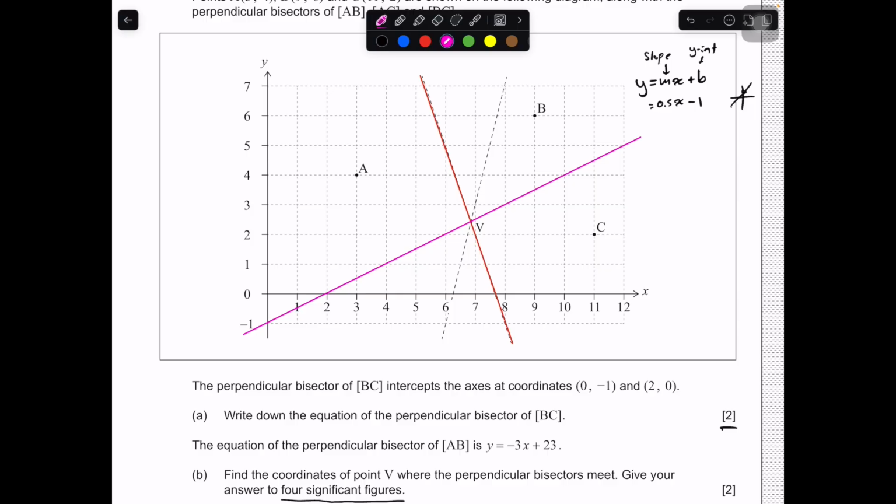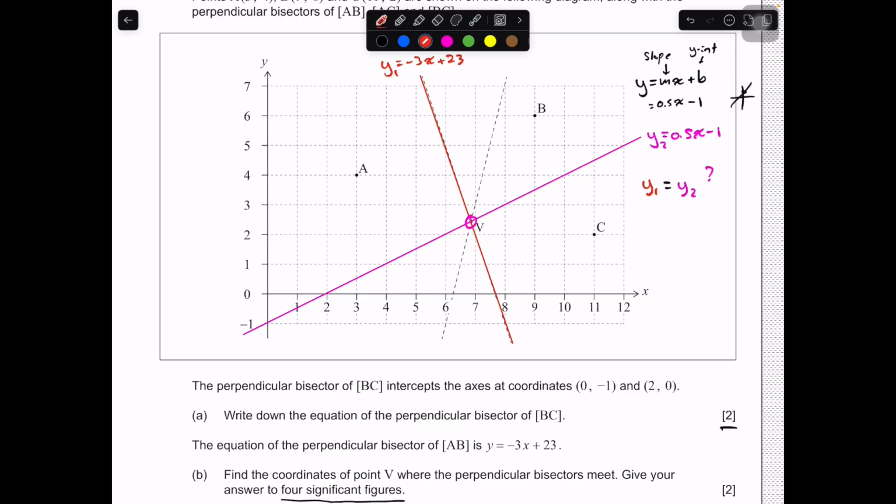If this is one of those perpendicular bisectors, 0.5x minus 1, and this is the other one, y equals -3x plus 23. If we were to call this y1 and this y2, the question we're asking is, when does y1 equal y2? Where do they meet? Well, they meet at V, and that's exactly what we're trying to find.